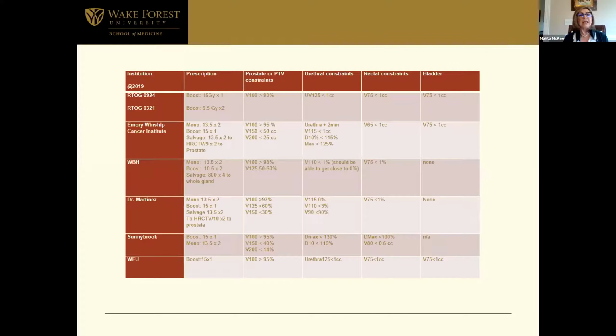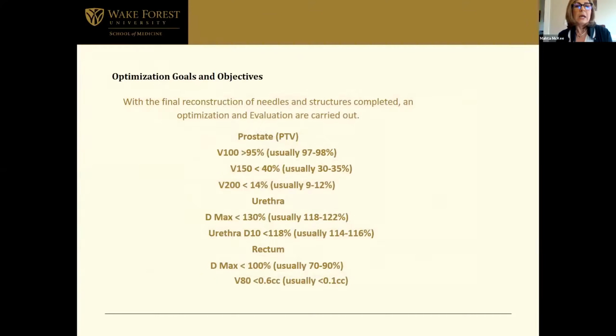This is basically a summary of various prescriptions and various centers that are using prostate HDR with ultrasound, or non-ultrasound based, giving you the parameters, the constraints that are used for prostate, for urethra, for rectum, and for bladder. The objectives, as Dr. Krauss mentioned, is to make sure that, through certain limitations, your prostate PTV V100 is usually greater than 95%.